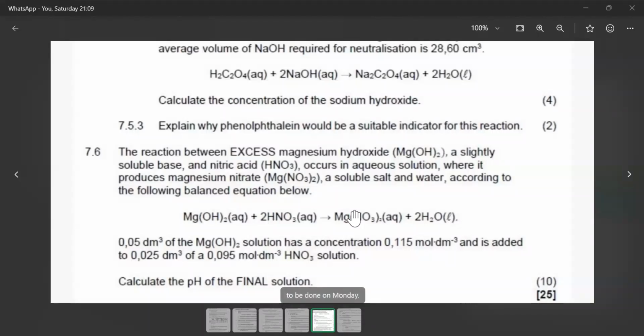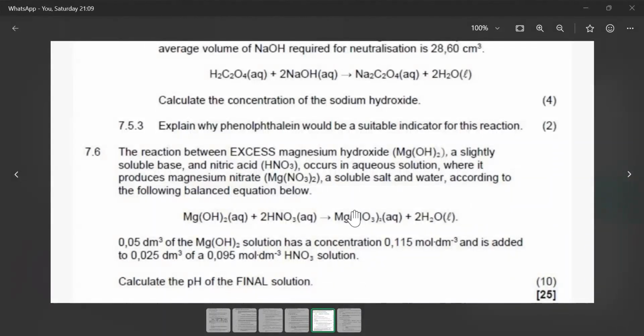And then we can use this information about nitric acid, the volume and its concentration, to find the number of moles that reacted with magnesium hydroxide. So in other words, the number of moles of magnesium hydroxide that reacted, or those that were used to react with the acid.